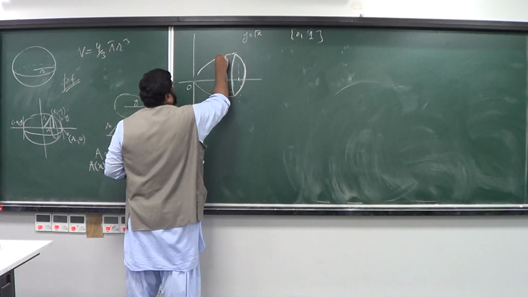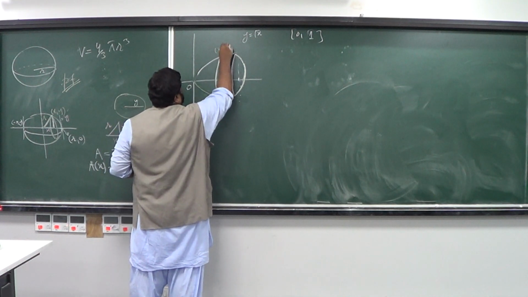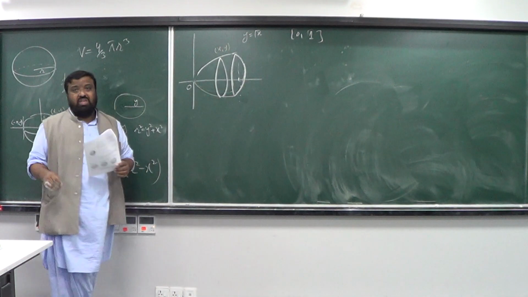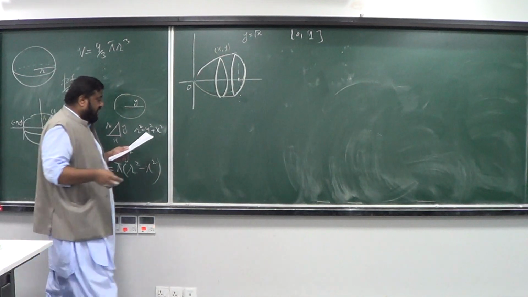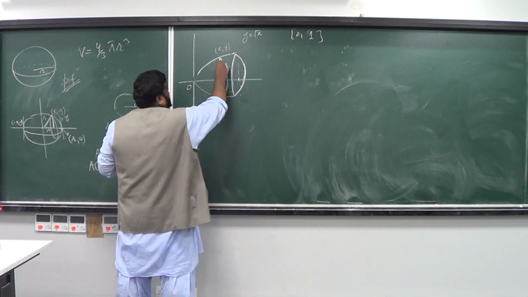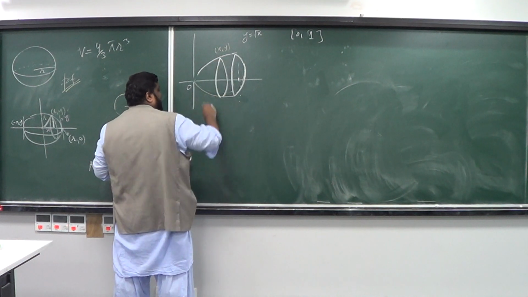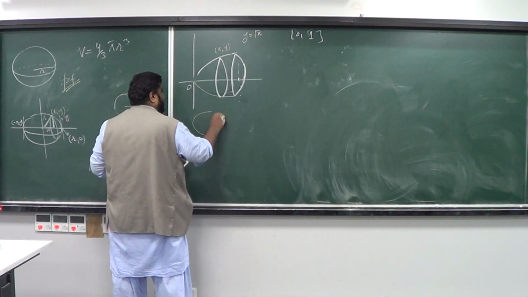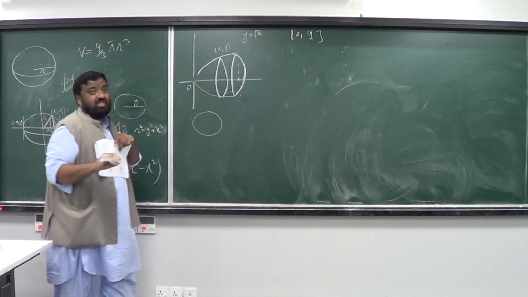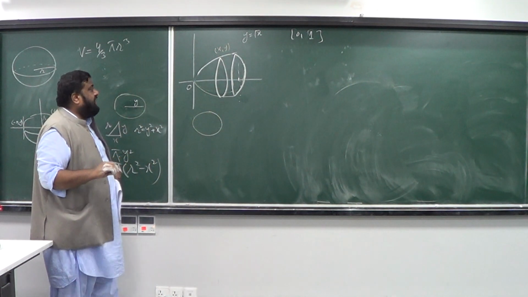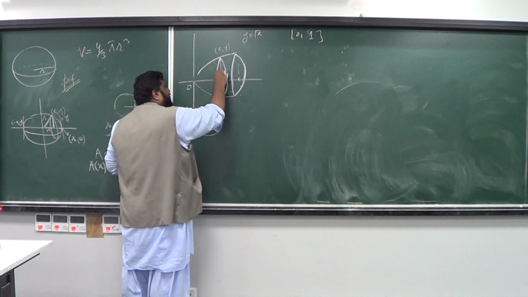For example, if the coordinates of this point are x, y, the question is, what is the area of this disc? In order to know the area of this disc, I need to know the radius of this disc.